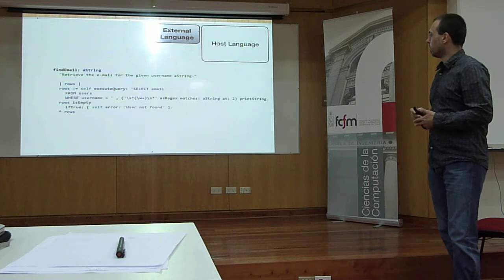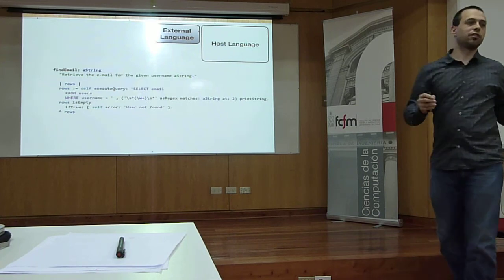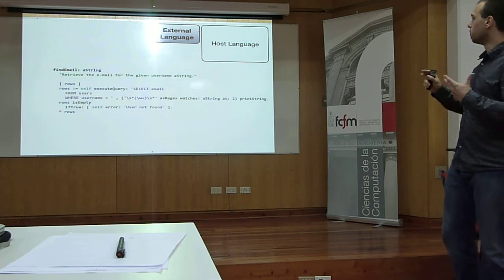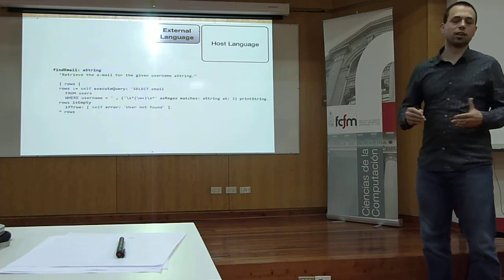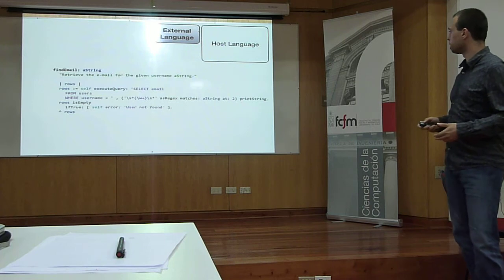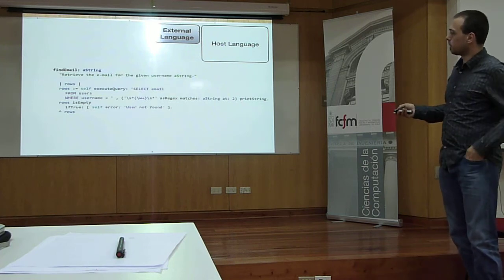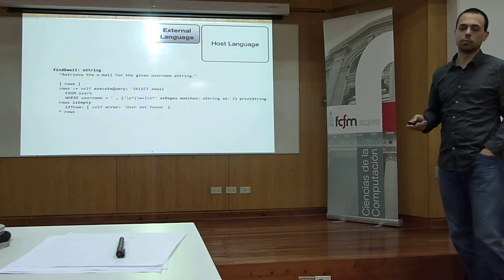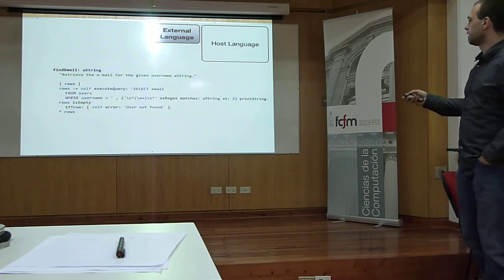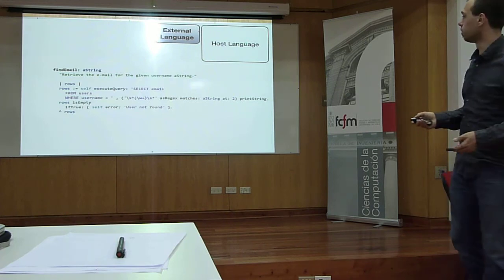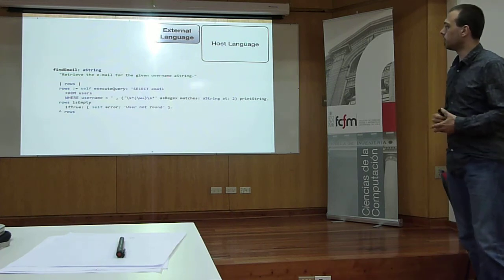For example, you can just use the standard tools to implement this external language. You don't need to change something in your own host language. However, it has the disadvantage that when you use a debugger, for example, here in your Smalltalk code, you cannot step into the SQL code, or you don't have the tool support to really deal with this thing.